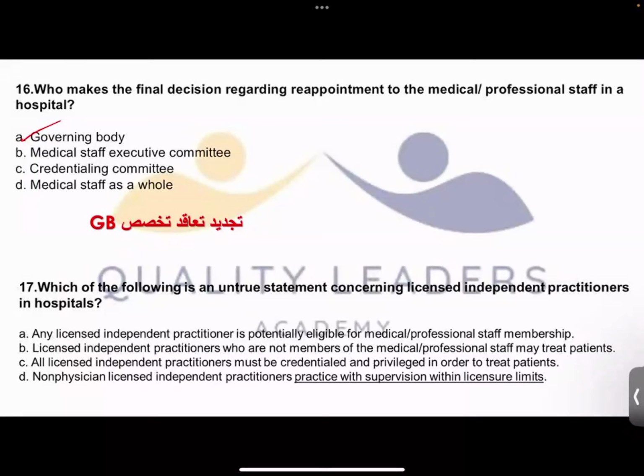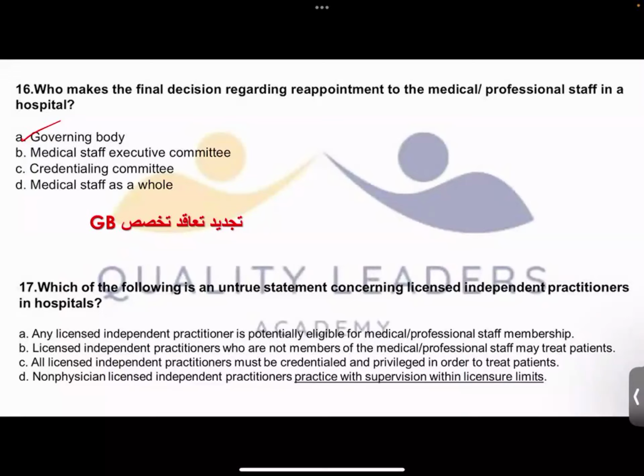Letters A, B, C are all true. For letter A, licensed independent practitioners may be eligible to apply for medical staff membership depending on hospital policies and their professional qualifications. Because the question is which of the following is an untrue statement, these three, A, B, C, are all true.